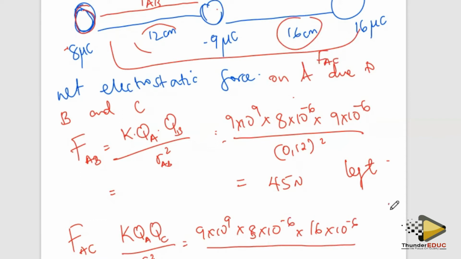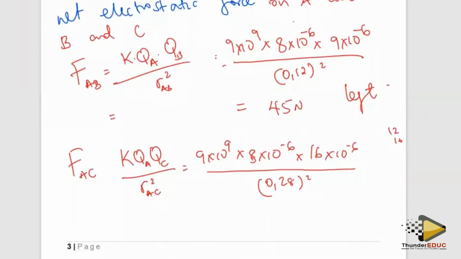Okay, so 12 plus 16, that is 28. That's 0.28, but squared. When I put that into my machine, 9 times 8 times 10, okay, then I'm dividing by 0.28 squared.